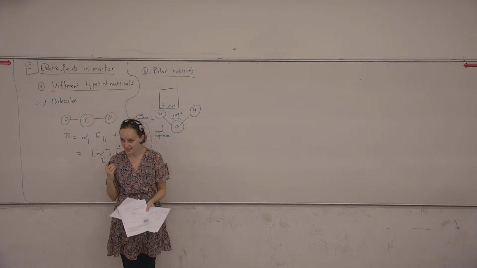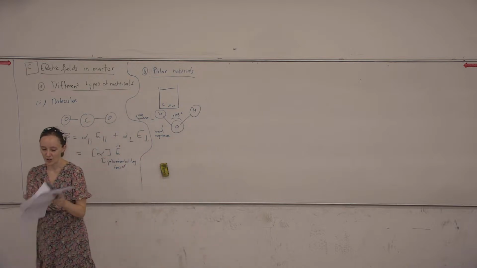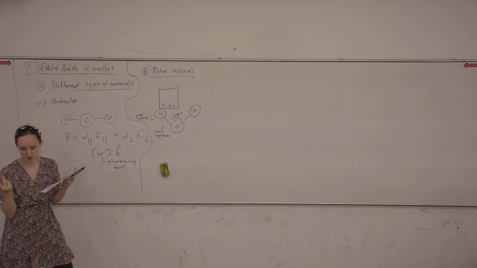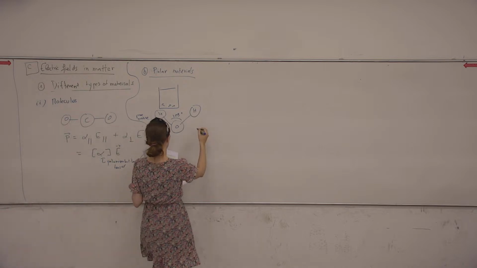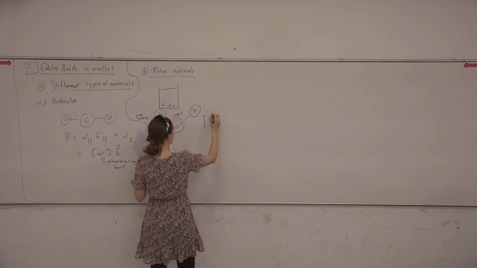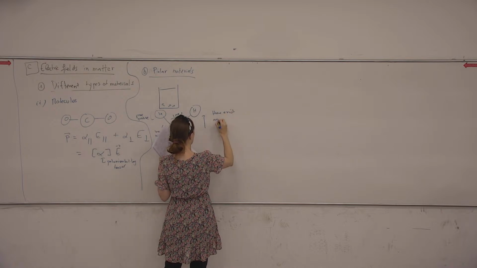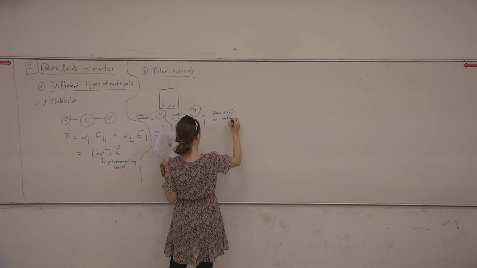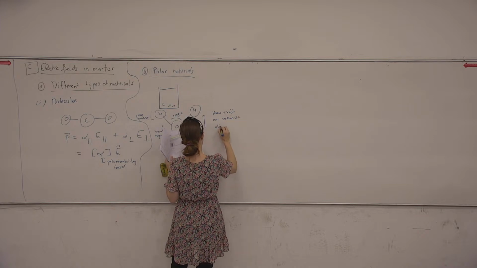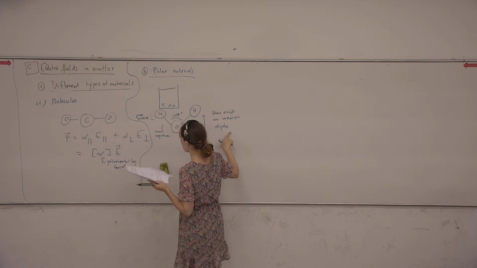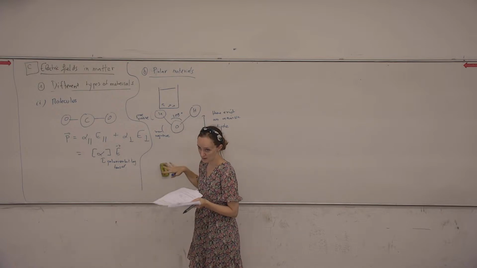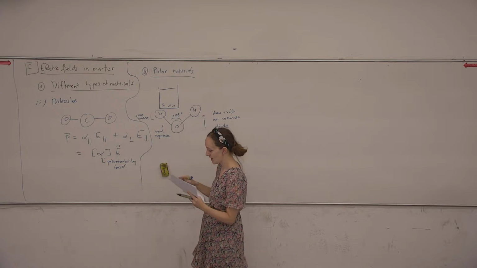So there exists an intrinsic dipole. This is what makes the difference between polar and apolar.